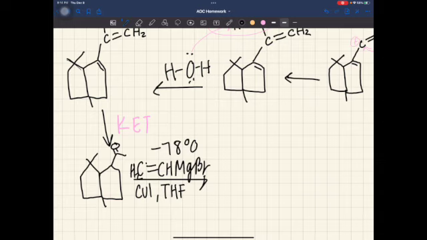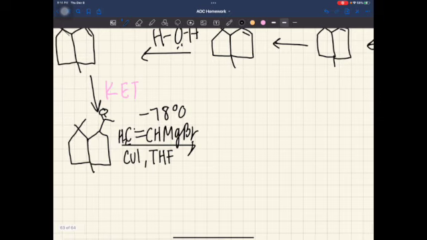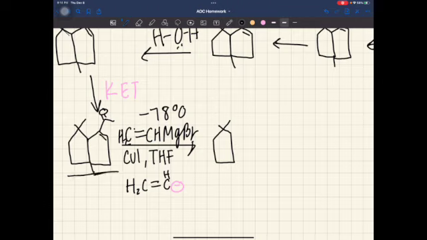Since I did a reaction similar to this, I'm just going to show the product. It added in a Michael way. Just remember that this can also be seen as a carbanion. So this added in a Michael addition way to this structure right here.